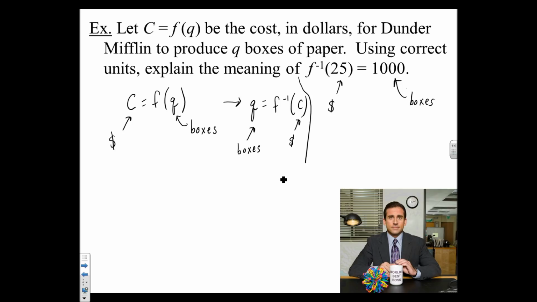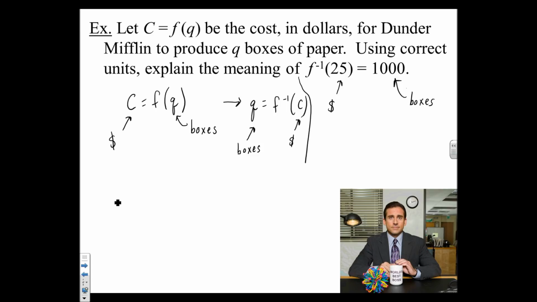So we have to interpret this. We have to write out a sentence telling me what this means. There are a lot of different ways to do that, but the one thing that I want to emphasize is that this 25 gives us a reference point, and I want your explanation to use that. The reference point meaning when we plug in this number, here's the result.